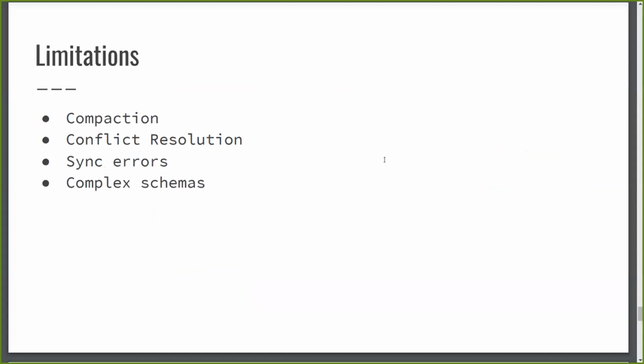There are certain limitations since it is a new paradigm, and there are no standard solutions to these limitations. But we have been trying to find solutions lately. Firstly, it's compaction. Usually NoSQL databases tend to keep revisions of the documents even though they have changed.